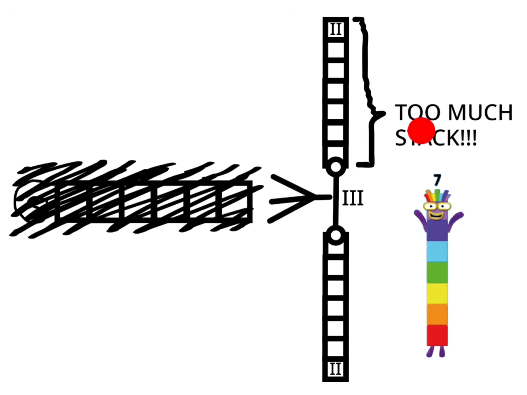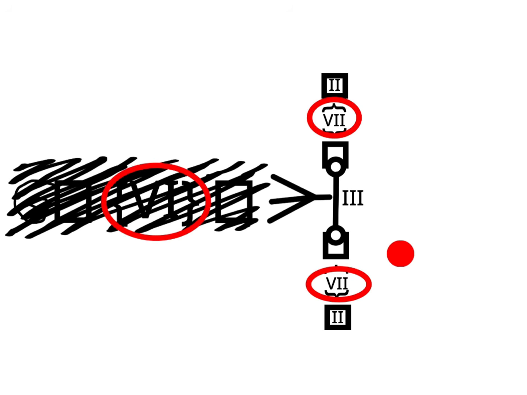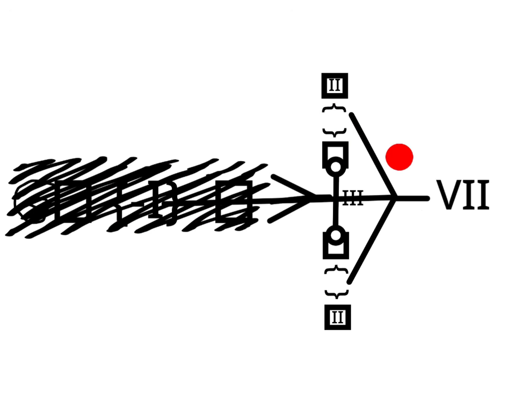It's too much stack again. So we're just gonna put these wiggly brackets, I'm not sure what they're called. So now we're gonna put the number in here to show how many little inputs there are. So then we can join them all up and make these arrow-looking numbers.